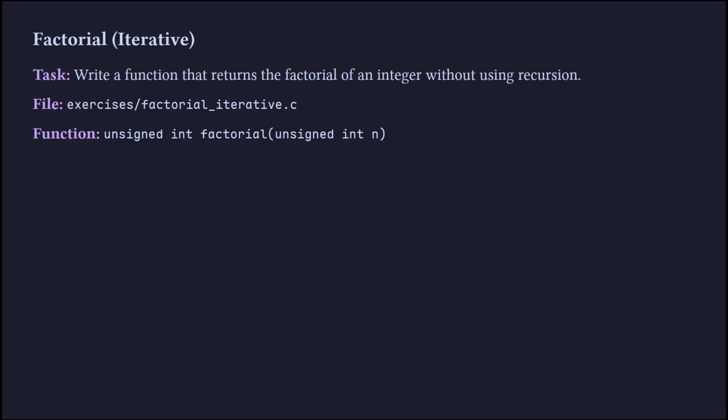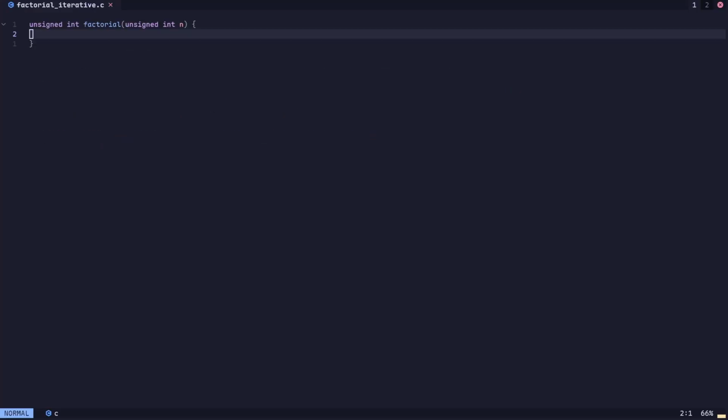Our next function is going to be very similar, except we're not going to be allowed to use recursion, so this is going to show off some of our features in the way of using iteration and a for loop. Once again, we've got our code open up to a very similar file with the same function signature. In this case, we need to have some sort of base value.